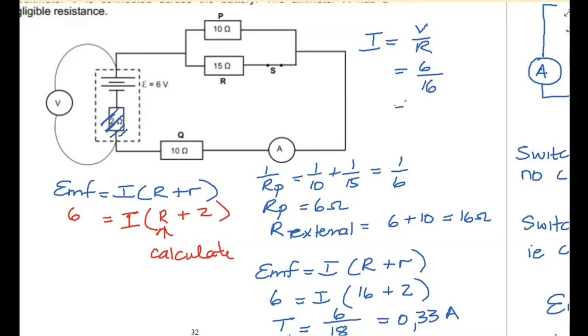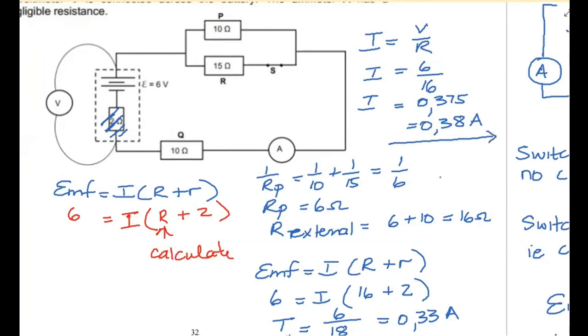So that would have been 6 over 16, which is either 0.375, or as some of you have correctly rounded off, 0.38 amps. So the conclusion is that when you don't have an internal resistance, or the lower your internal resistance, the more current can be supplied to the circuit.